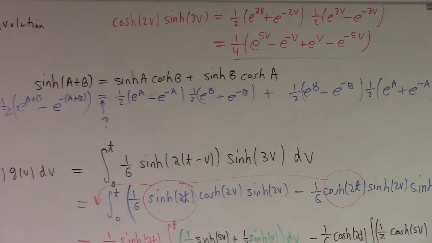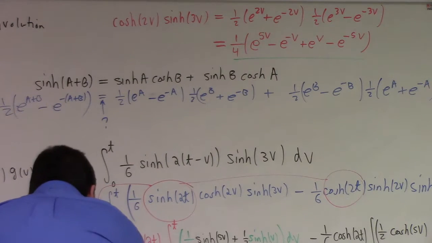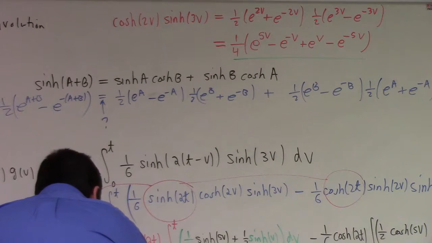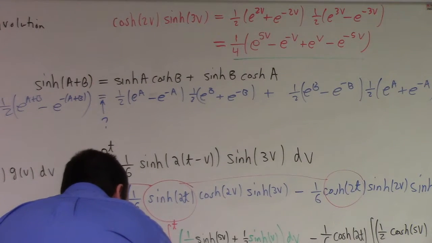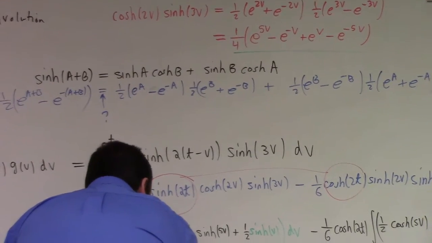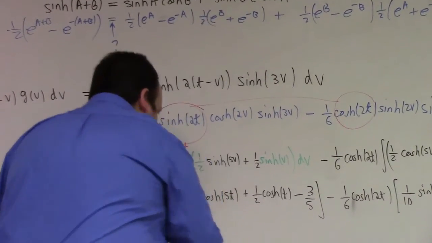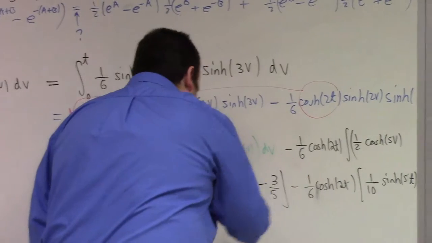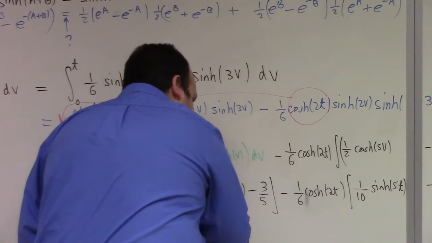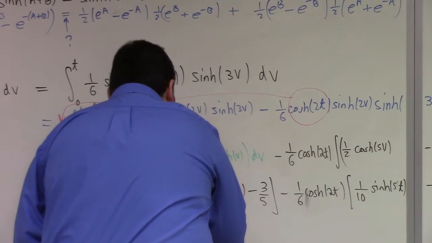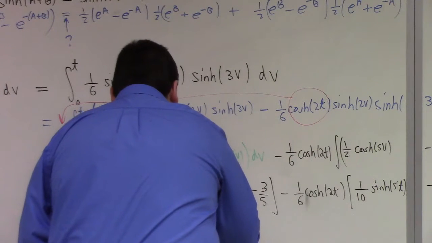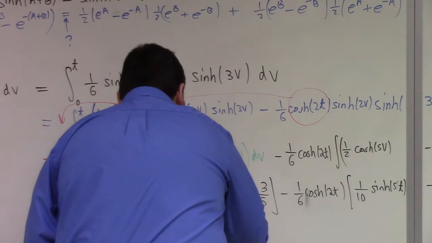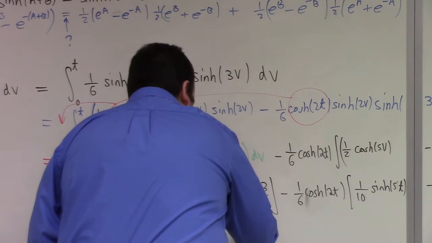And we can rewrite that as like what? 1/60th, right? And we got ourselves a sinh 2t, cosh 5t, right? And then what's the other thing over here? Minus what? sinh 5t cosh 2t, or however you want to write that.